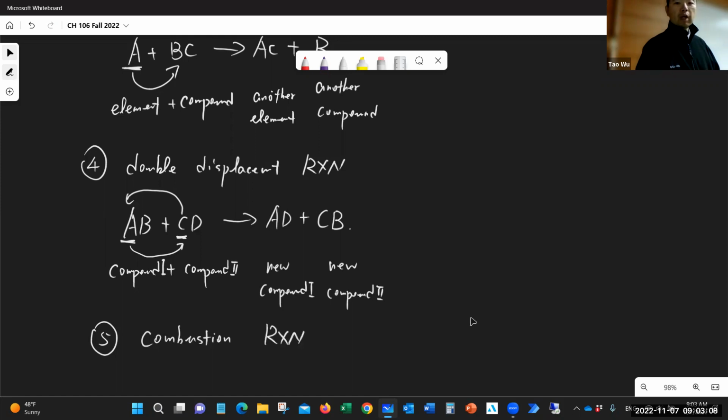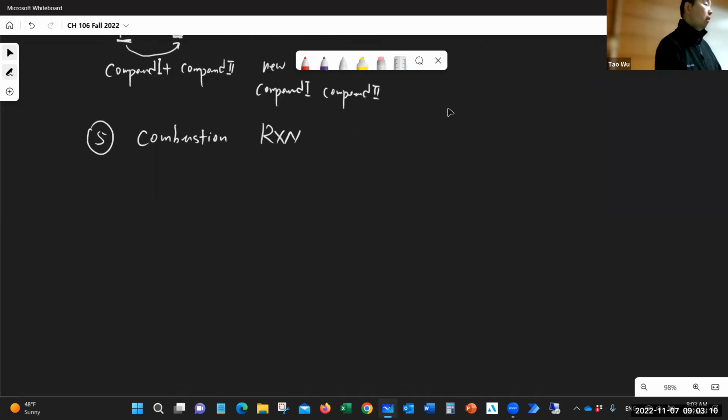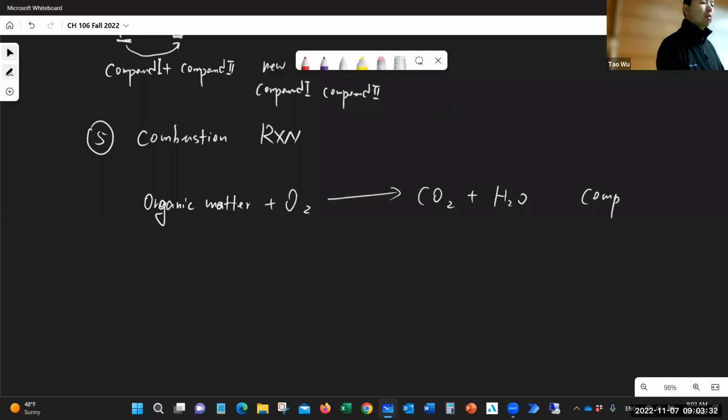In the combustion reaction, most of the cases we talk about organic matter plus oxygen, and they're going to form CO2 plus water. This is what we call the complete combustion reaction.